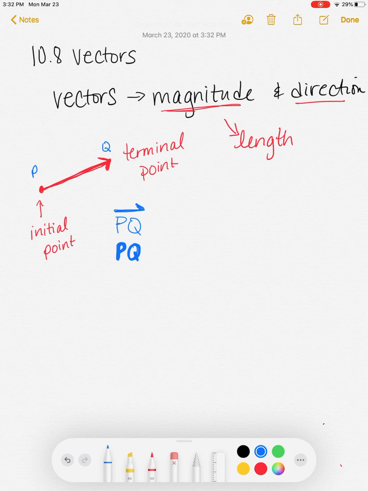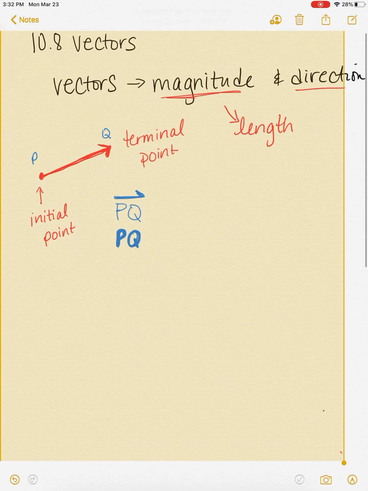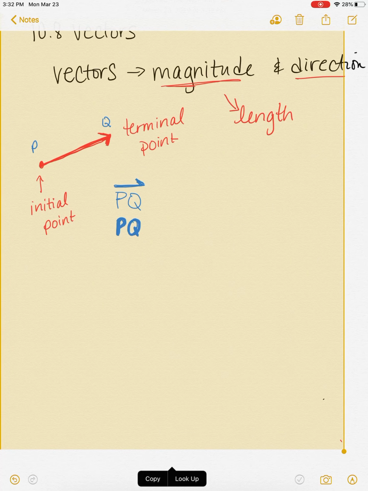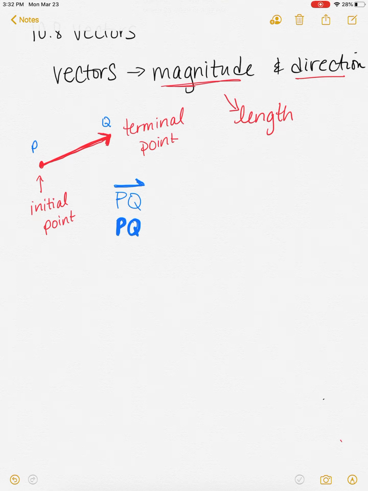So when we're talking about length, remember from the last section, oh my goodness, what were we doing at 10.5? Polar. We're talking about complex numbers. I'm so sorry, I forgot. When we talked about the length of those complex numbers, we used absolute value symbols.